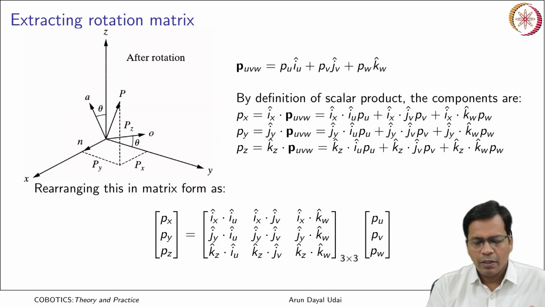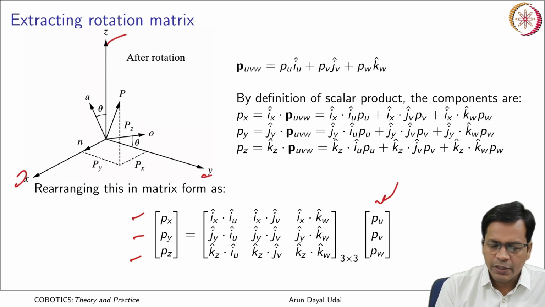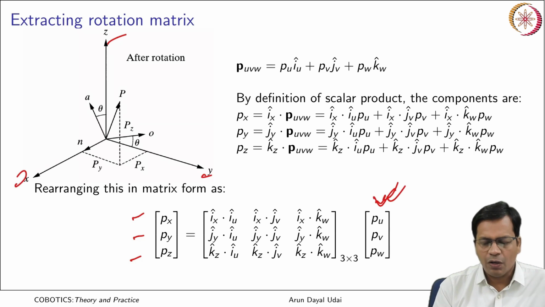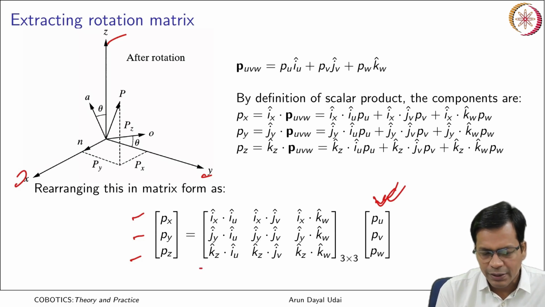Rearranging this in matrix form gives me Px, Py and Pz, the projections of the vector PUVW along x, y and z after rotation. These were the projections along x, y, z that existed before rotation, equal to Pu, Pv and Pw. So what essentially is this?